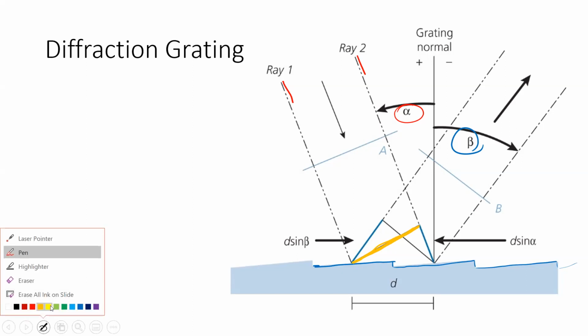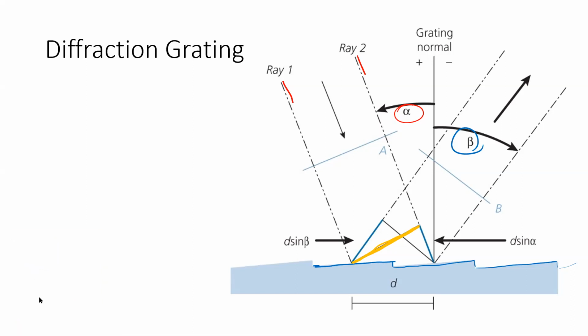And then this line that I'll do in red is the point where they start traveling together again, right? The blue lines that are highlighted here, this first one, d sine alpha, that's the extra distance traveled by ray 2, right? So d sine alpha is the extra distance traveled by ray 2.